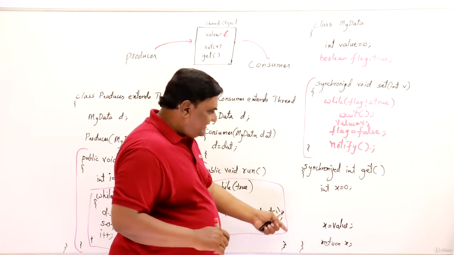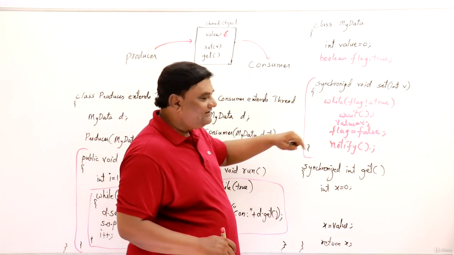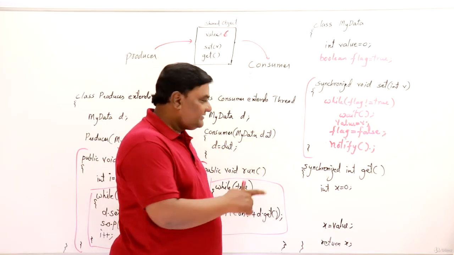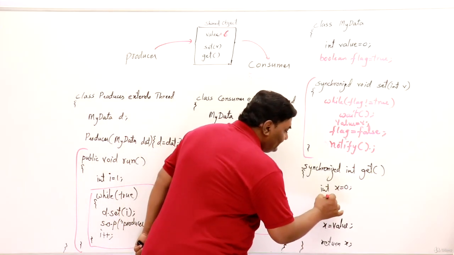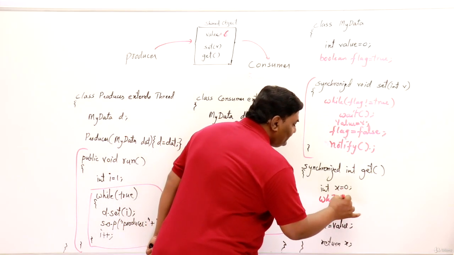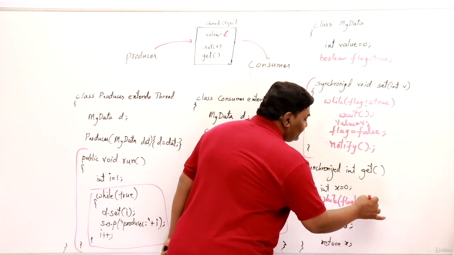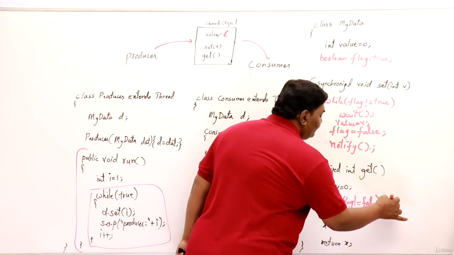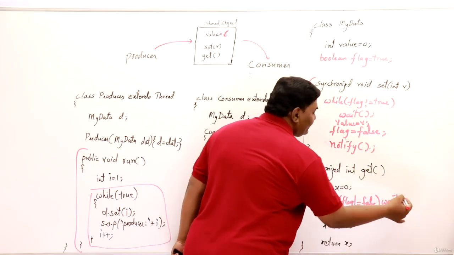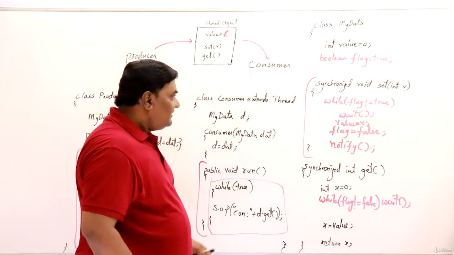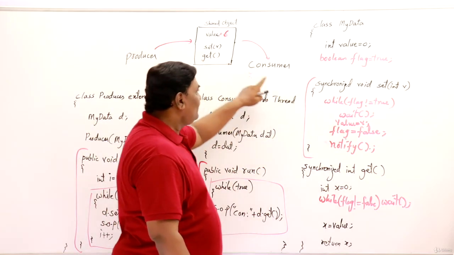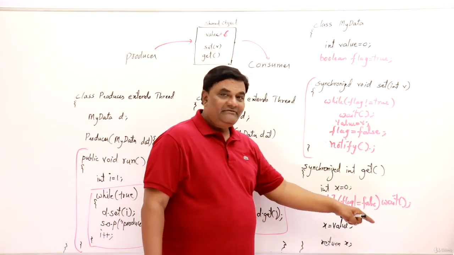Now in the same way inside get, I should do a similar thing, but using false. Let us write while flag not equal to false. So what to do? Wait. Who will wait now? The get method will be called by the consumer, so the consumer will wait.